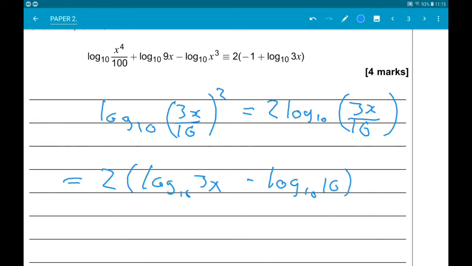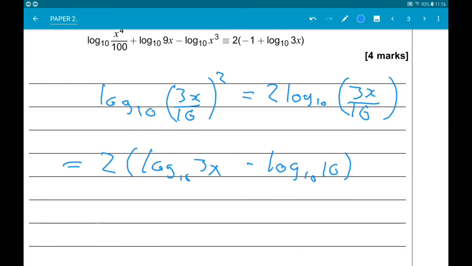Now, log 10 of 10 is just saying what power of 10 gives 10. So 10 to the power of 1 is 10. So log 10 of 10 is 1. So we do indeed have 2 lots of minus 1 add log 10 3x.